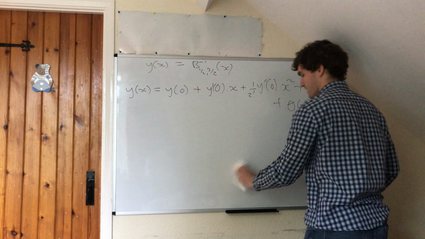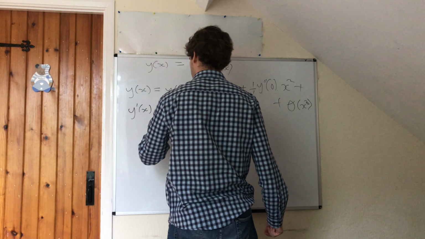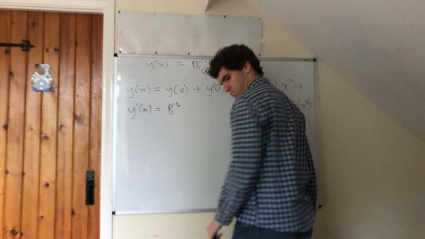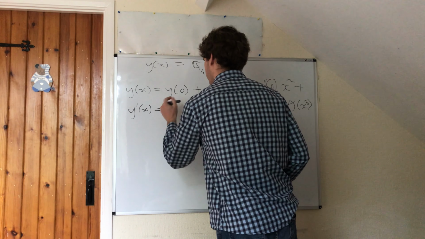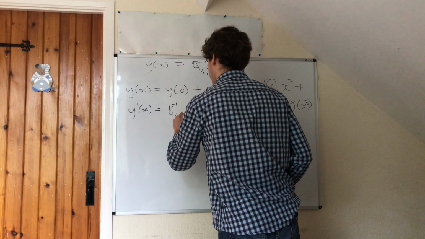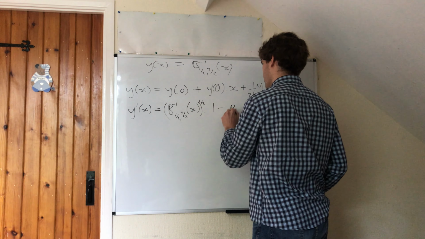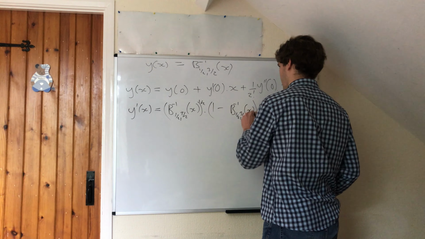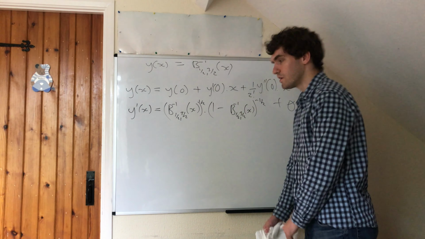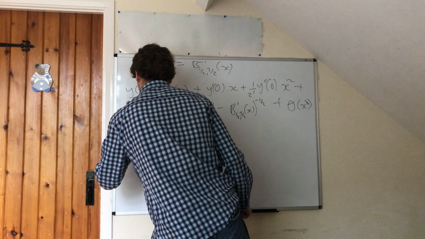Oh, okay, right. So we knew that y prime of x is equal to the inverse incomplete beta function (1/2, 3/2) of x to the power of a half, times 1 minus the inverse incomplete beta function (1/2, 3/2) of x to the power of minus a half. So we just need to differentiate this again to give us our y double prime of x.